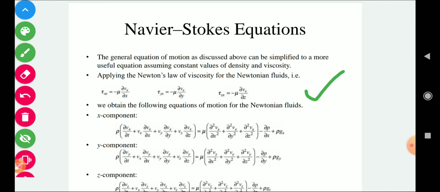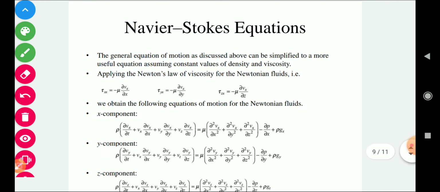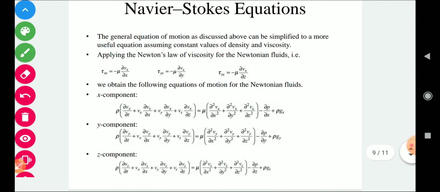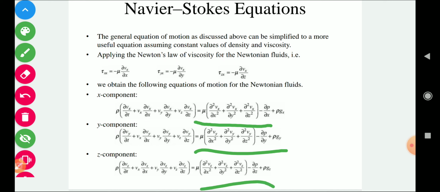So we obtain the following equation of motion for a Newtonian fluid. This one is the x component, this one is the y component, and this one is the z component. After putting in Newton's law of viscosity, finally we get these three components of the equation of motion.